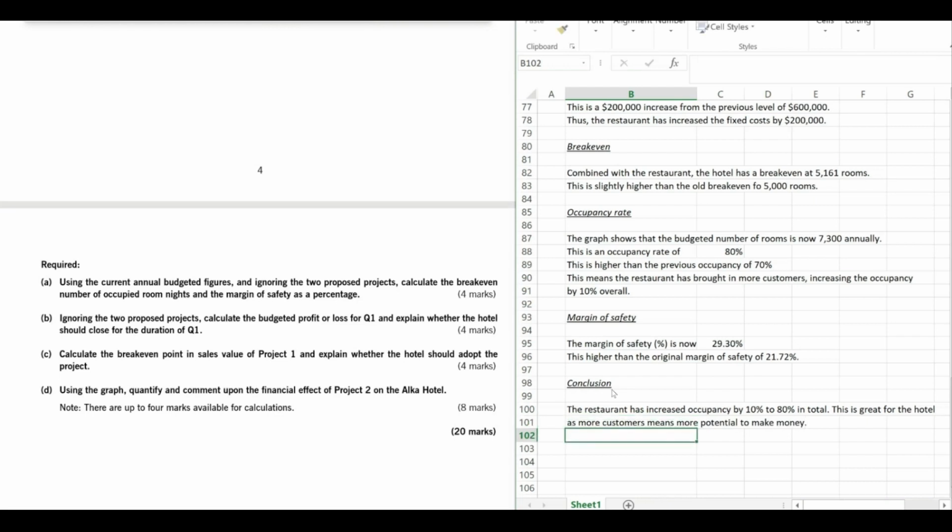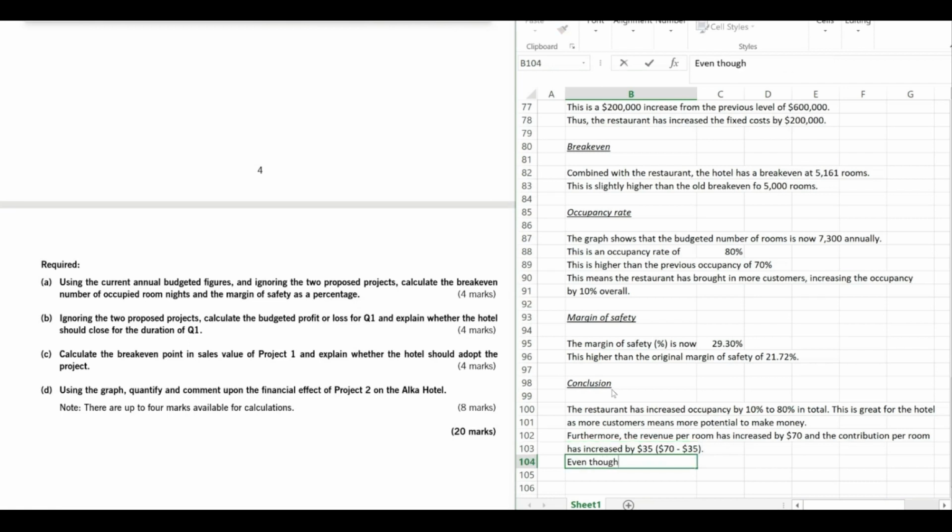Okay, furthermore, the revenue per customer per room has increased by $70 and the contribution per room has increased by $35 because the variable cost per room was $35. We'll show that in the brackets, 35, so $70 minus $35, so that the marker knows where we got this number from.